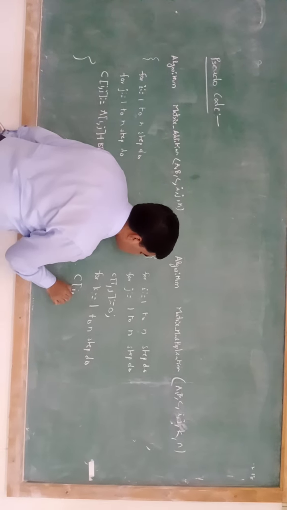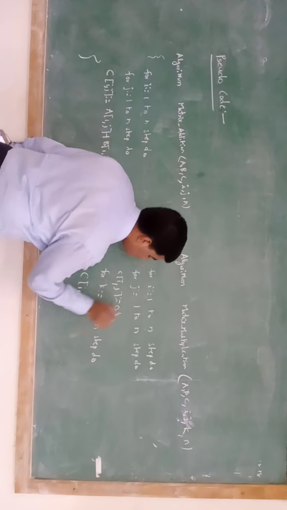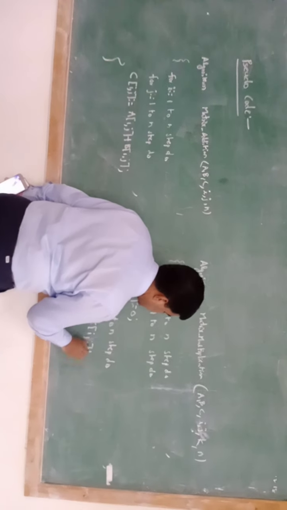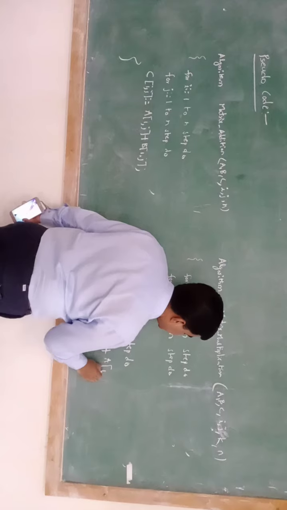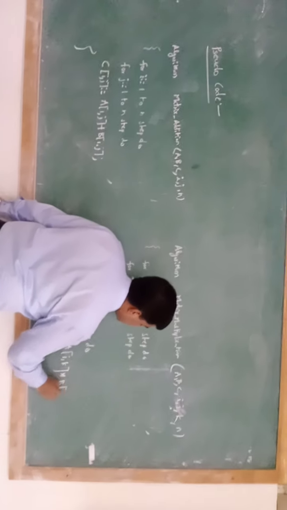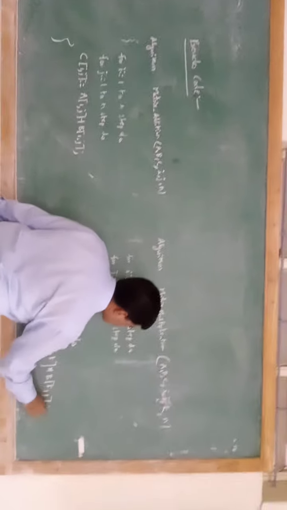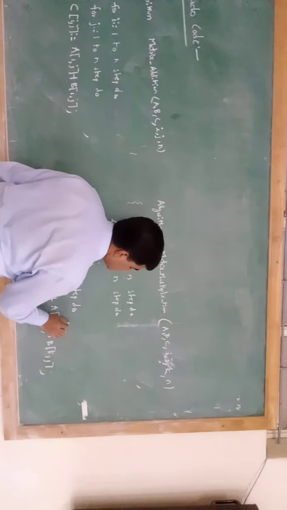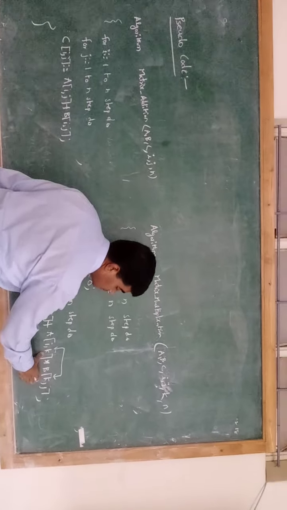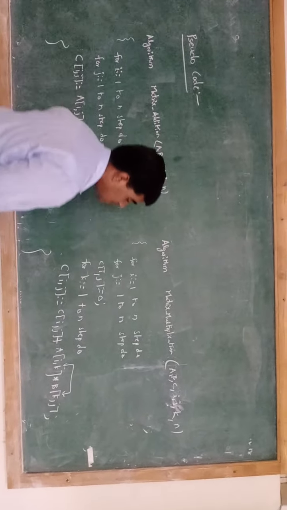C of ij = C of ij + A of ik * B of kj. See here, the first matrix's number of columns should be equivalent to the second matrix's number of rows. So like this we are writing.